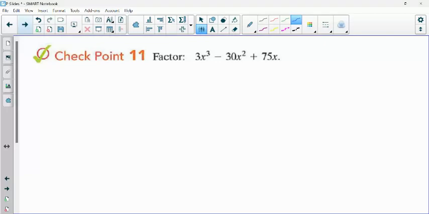What's it going to be? 3x. So I'm putting that 3x out in front of one set of parentheses and divide everything by 3x. So that would give us x squared. Negative 30x squared divided by 3x would be negative 10x. And 75x divided by 3x would be 25.